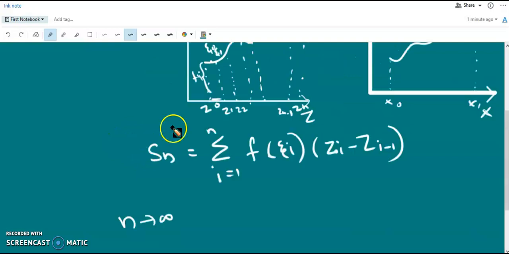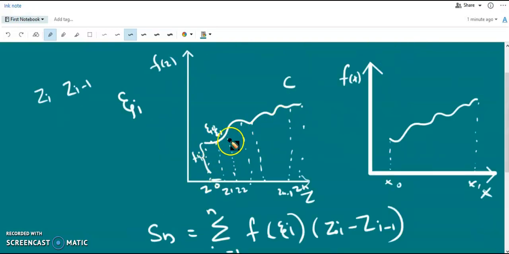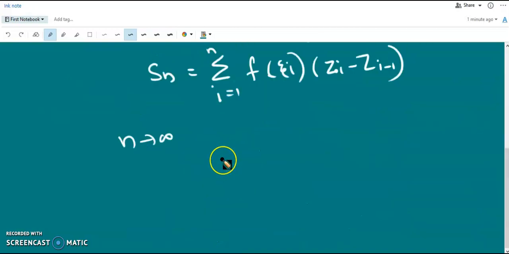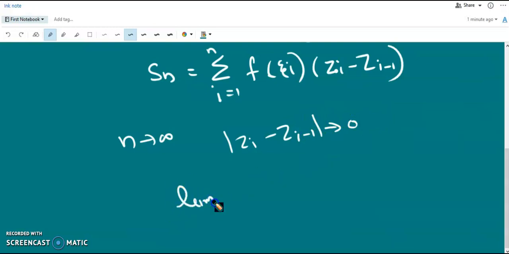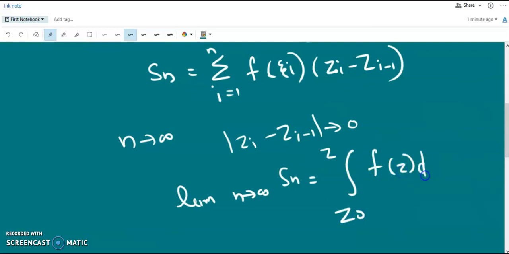Okay. So now we let n tend to infinity. That means we are dividing this contour into an infinite number of intervals. So every interval is very small and therefore it corresponds to a rectangle. So as n tends to infinity, z i minus z i minus 1 tends to 0 for all i. Then the limit as n tends to infinity of Sn is nothing but the integral from z0 to z of f of z dz.